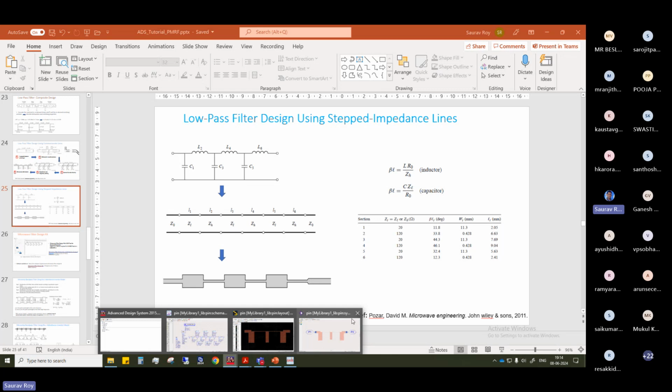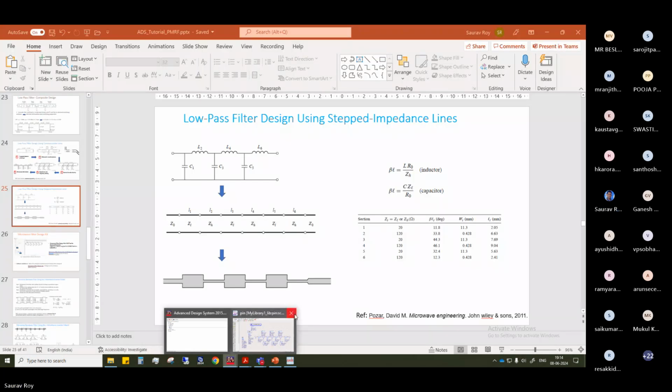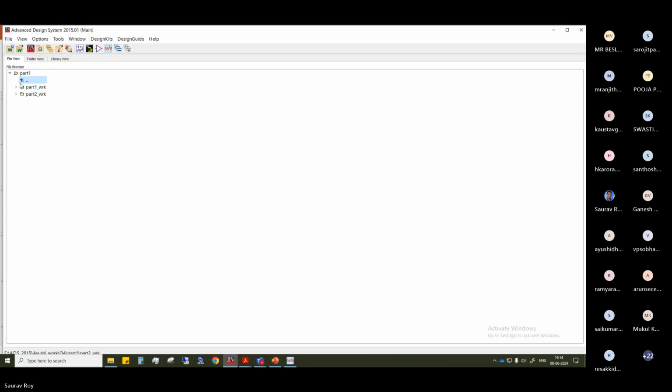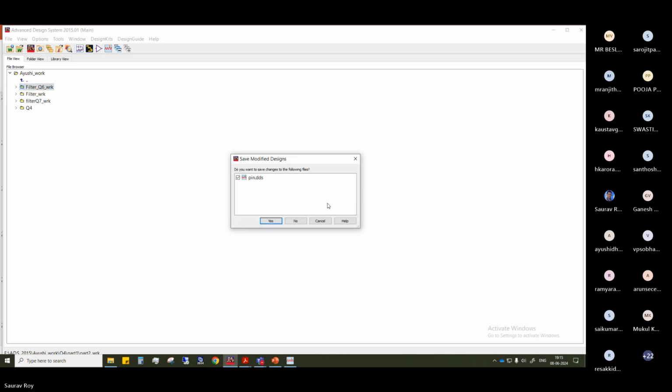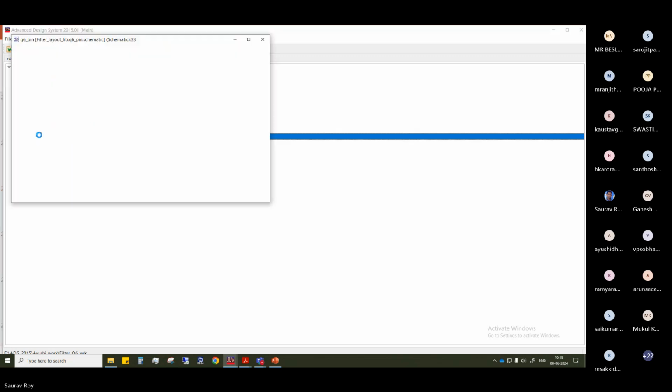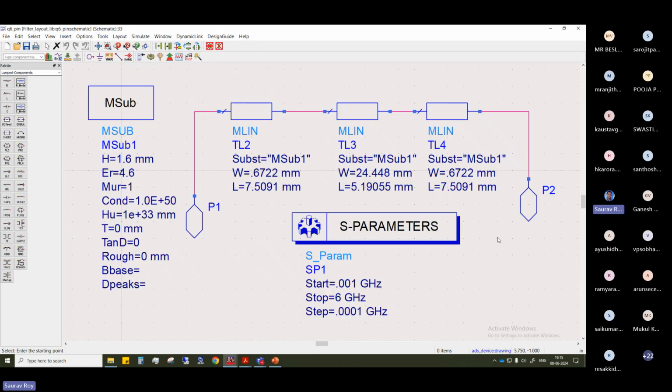I will show one thing we have done. This was a simple third order filter design, so there are 3 line lengths: one high, low, and high.